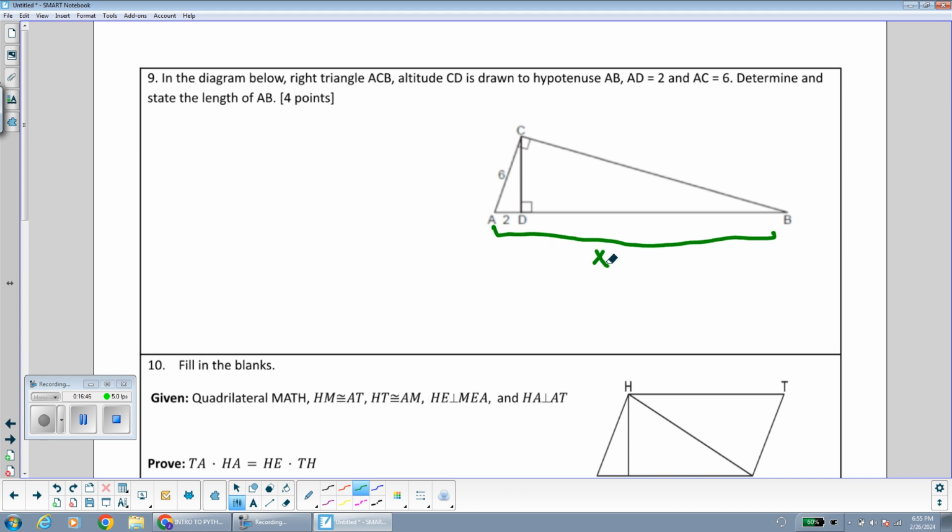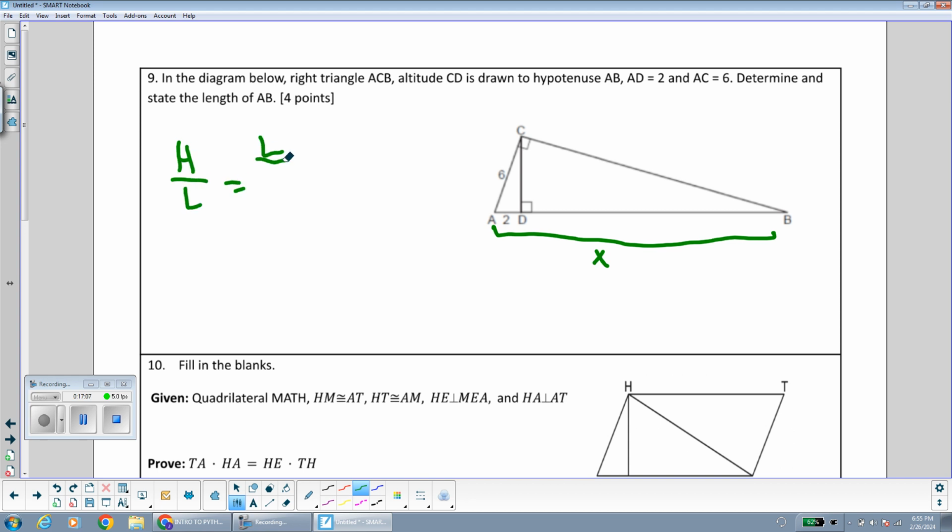So we're going to ask ourselves, do we know anything about the altitude? Do we have it? No. Are we finding it? No. So that's going to lead me to believe that I'm going to be using the leg rule. And we do have one of the legs of the big right triangle. So that makes sense. So we're going to be using Hills, which is the leg rule.